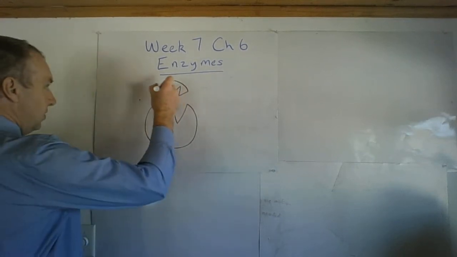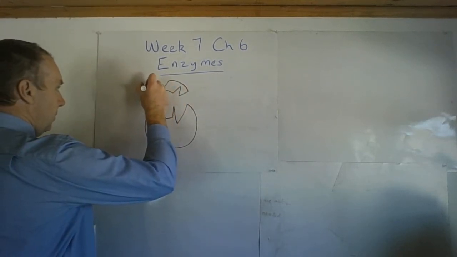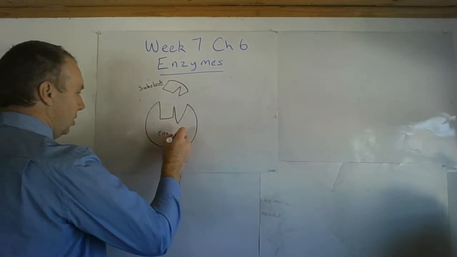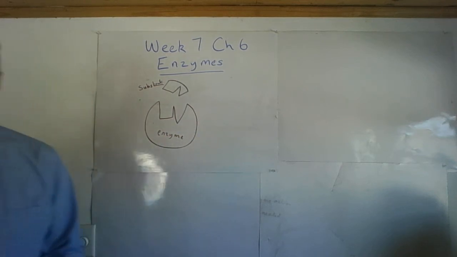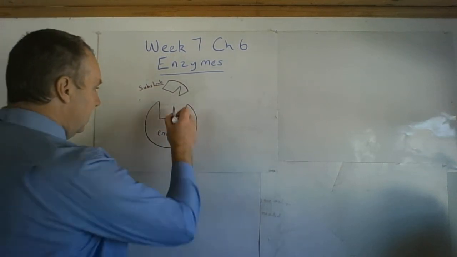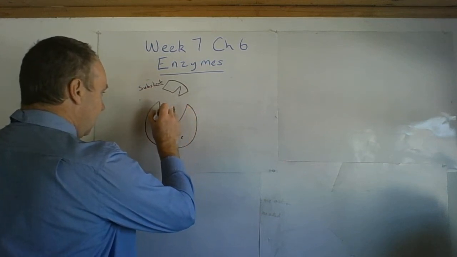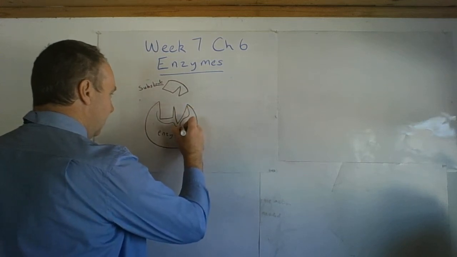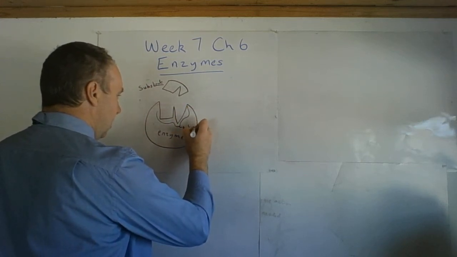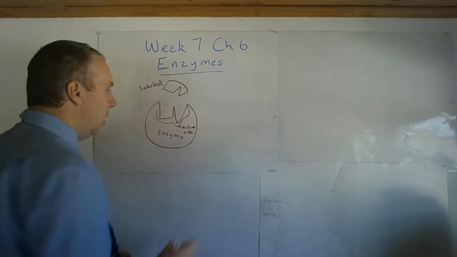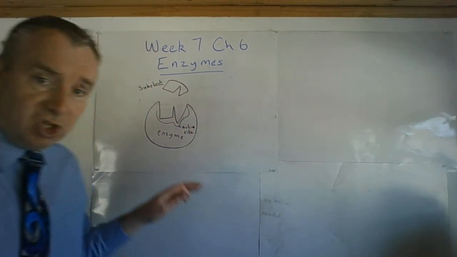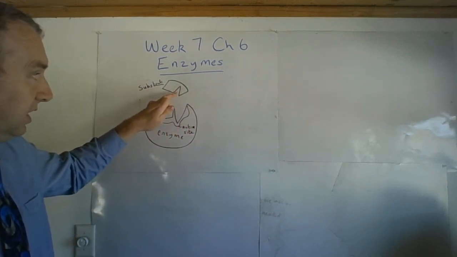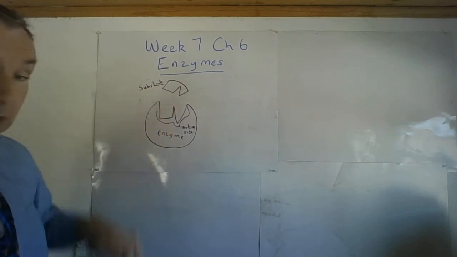This is the substrate. This is the enzyme. And this area here is the active site on the enzyme, and you can see that its shape is very specific to this substrate, because this substrate is shaped exactly like the shape that it's going to fit into.